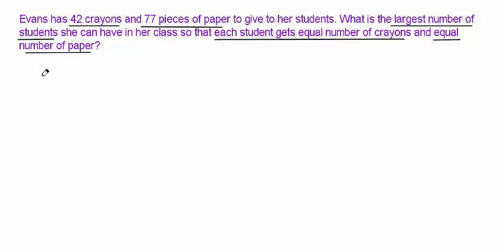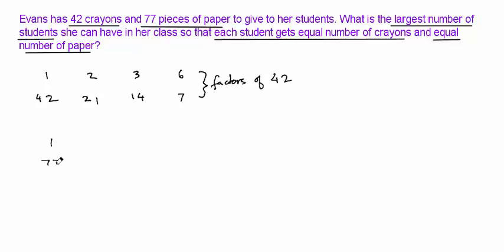And the factors of 42 are 1 and 42, 2 and 21, 3 and 14, 3 times 14 is 42, not 4, not 5, 6 and 7. So these are the factors of 42. And the factors of 77 are 1 and 77, and 7 and 11, that's all.